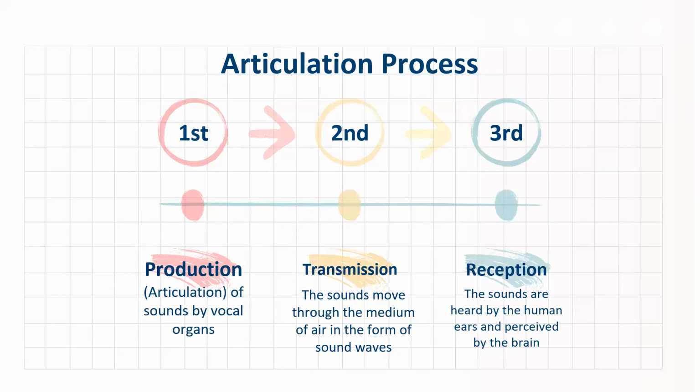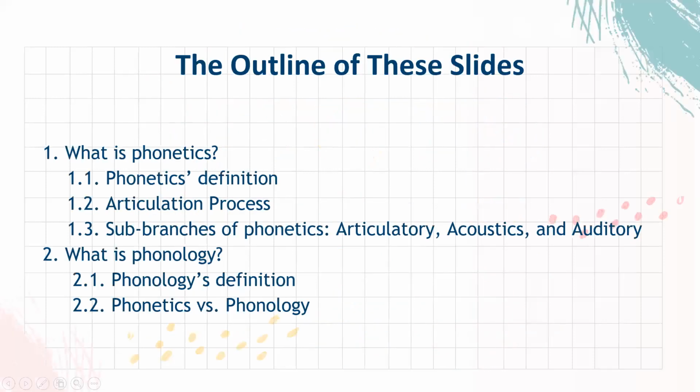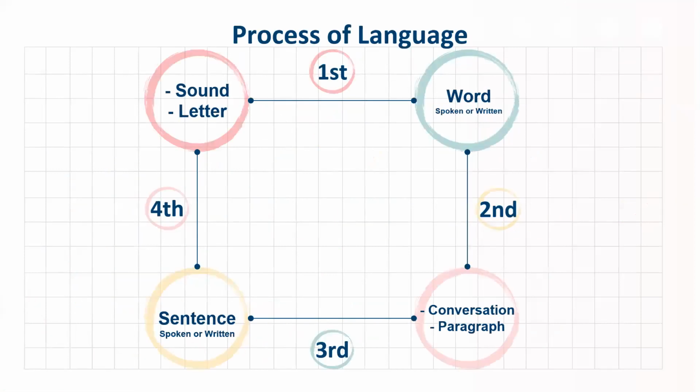Okay, why are we discussing this articulation process? Because we said in the first slide, we'll be taking sub-branches of phonetics: articulatory, acoustic, and auditory. Each branch studies each stage. Right now, we'll see how.